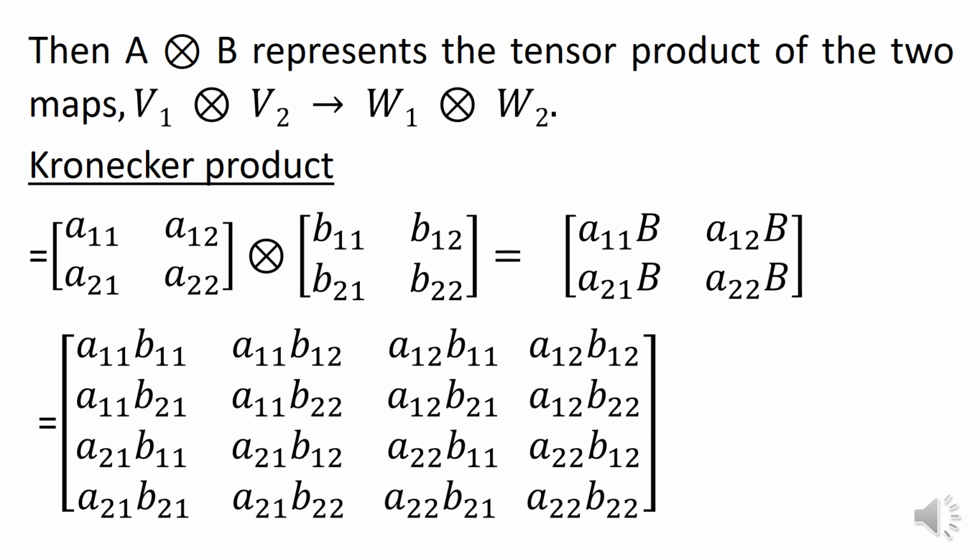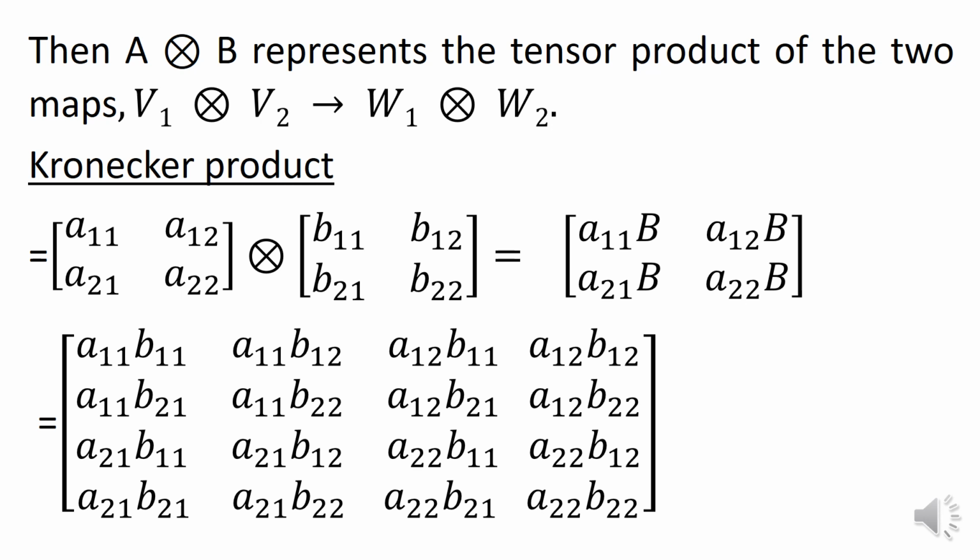With each coefficient, B will be attached. Like A11, B will be there. A12, B will be there. And similarly A21, B is there. Then A22 will be there. Now you place B here: B11, B12, B21, B22. A11 is outside, you can take it inside. Like A11 B11, A11 B12, A11 B21, and A11 B22.